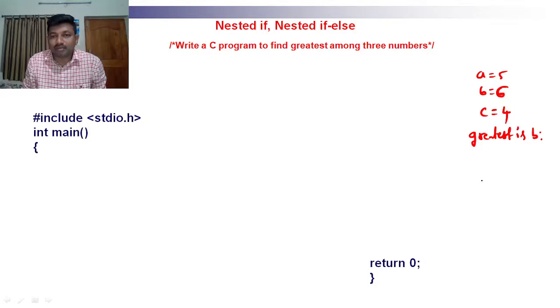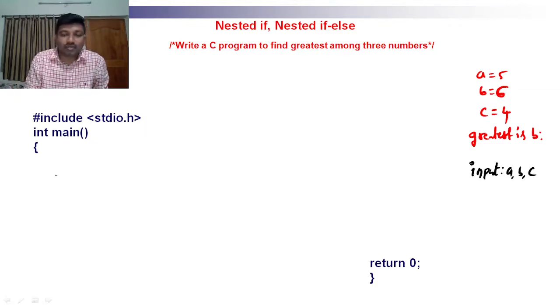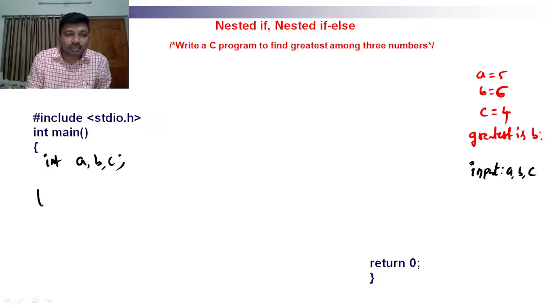What is the input for this program? Input is three numbers. Let it be a, b, c. You can assume x, y, z also, not an issue. Let me declare them as int a, b, c. Let me scan these values.